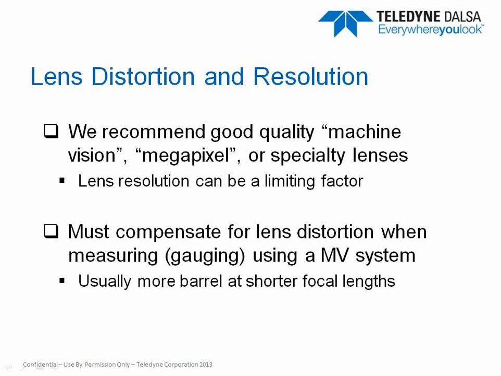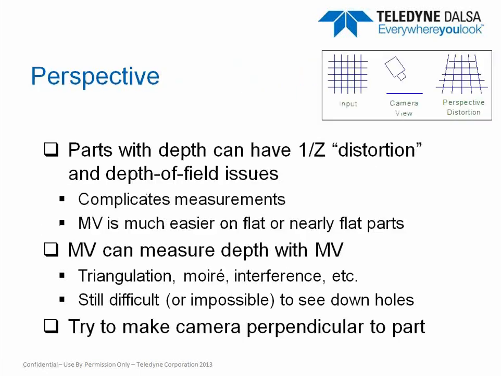Some of the components you have to worry about is lens distortion, especially when you're doing gauging on the machine vision system. Usually, the more parallel, the shorter the focal length. You've got perspective issues. For example, if your camera cannot be directly on top of the object, you get perspective distortion.